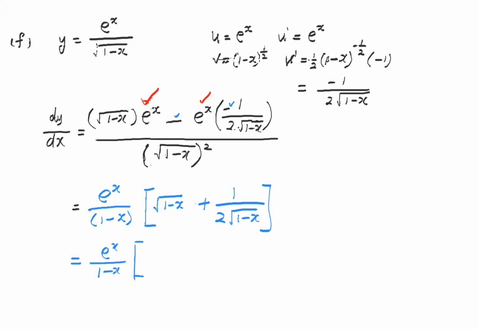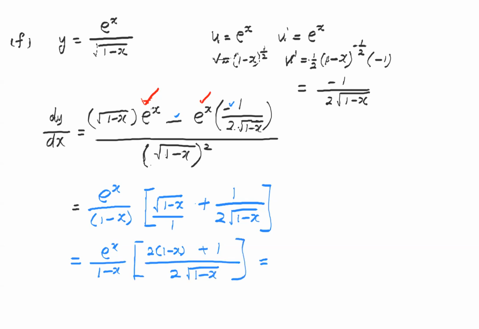Okay, so I make this to become a single fraction. So this is 1. Still remember, I teach you how to make it to become single fraction. Cross, then write down the denominator. So this is 2 into (1 minus x) plus 1, divided by 2 root x, root 1 minus x. Are you clear?